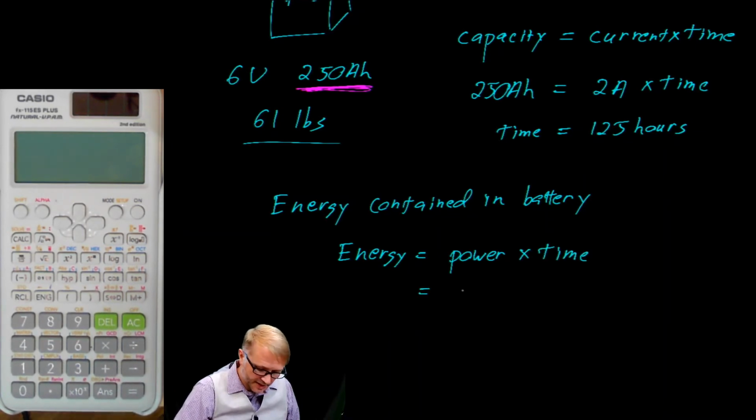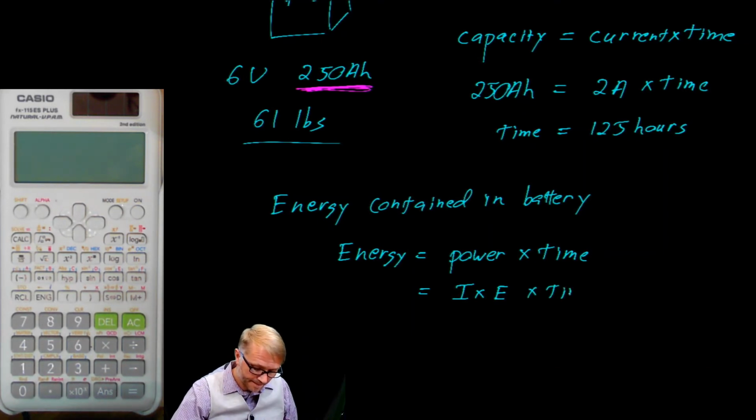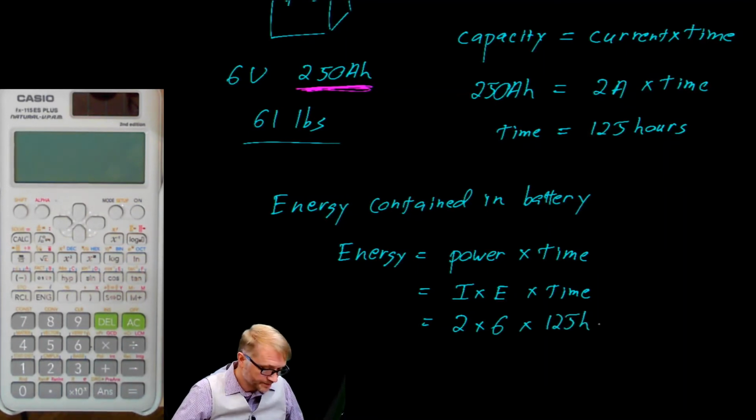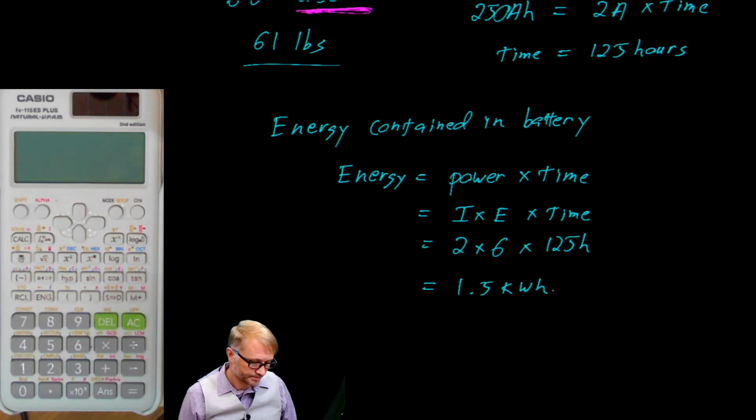So the energy is equal to I E. You can do that, right? Because power is the product of current and voltage by time. And from our example, we knew that current was 2, voltage was 6, and we had 125 hours. So that is equal to 1.5 kWh.